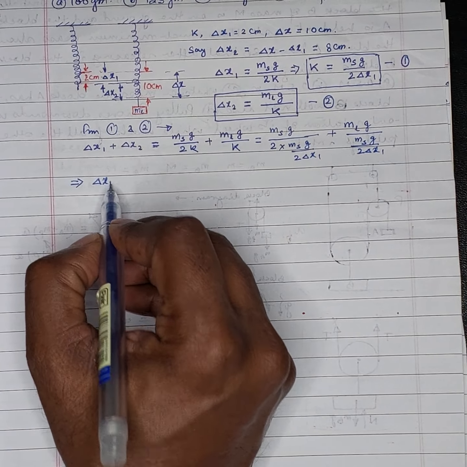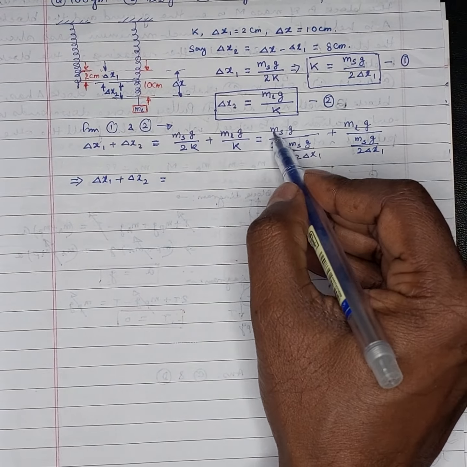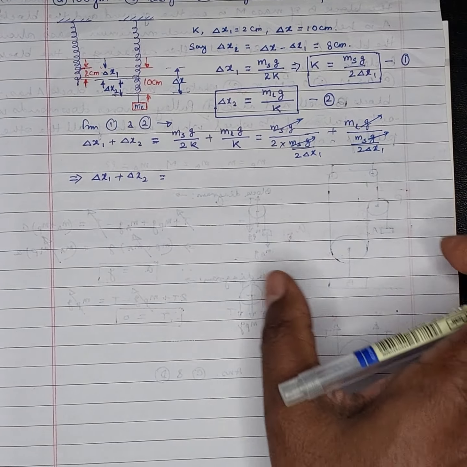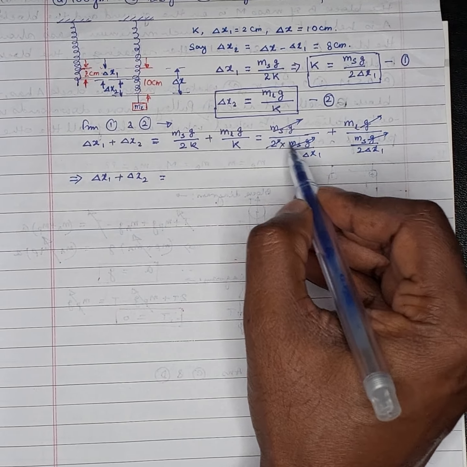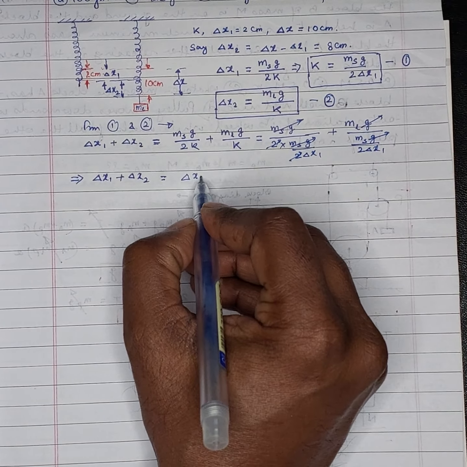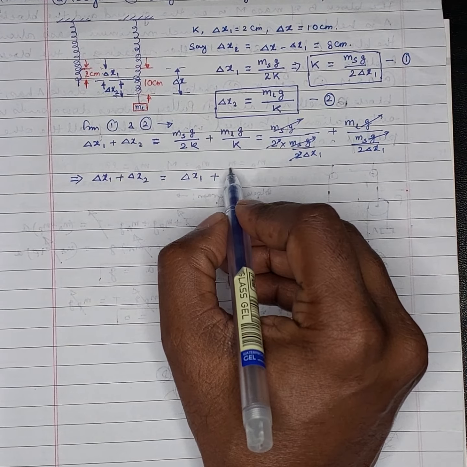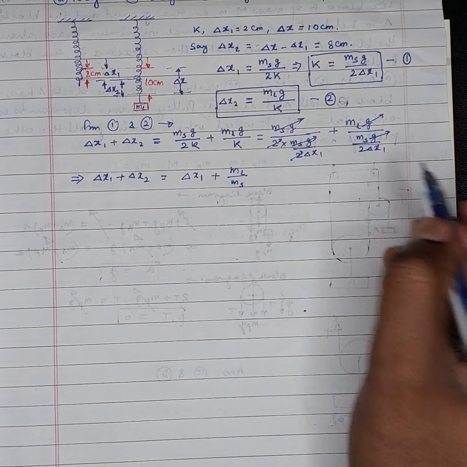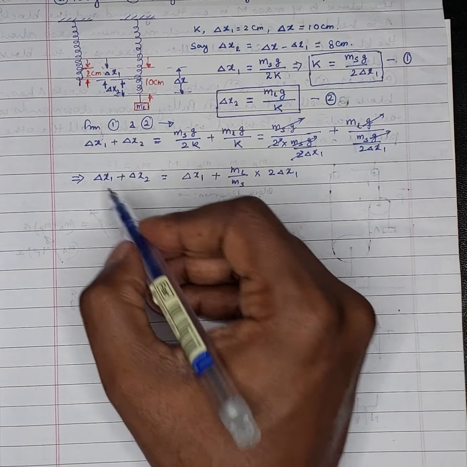So your delta x1 plus delta x2: here g is cancelling out, 2 will be cancelling out, so this becomes delta x1 plus mass of the load by mass of the spring into 2 times delta x1.